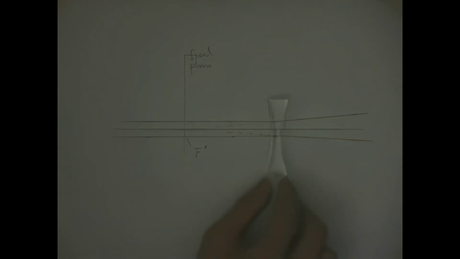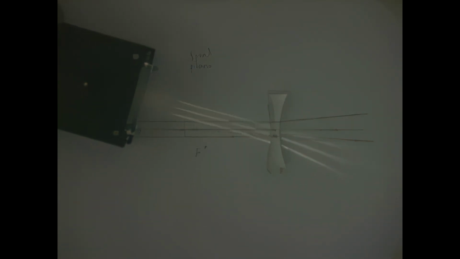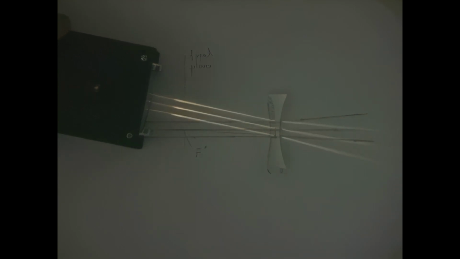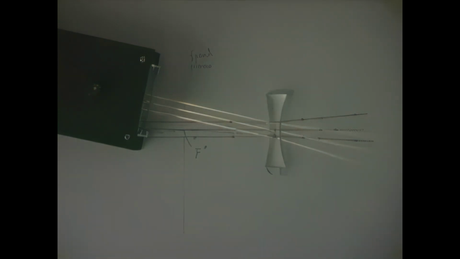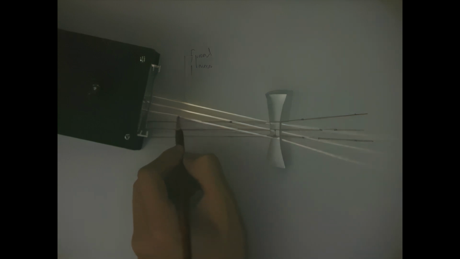Now, put the concave lens back again. Direct parallel light rays at an angle to the principal axis. Draw the paths of the light rays.